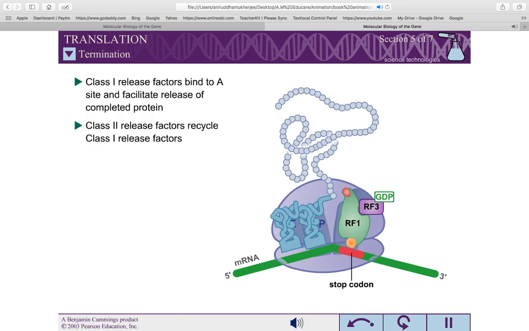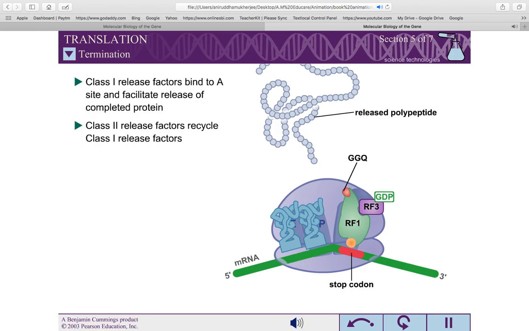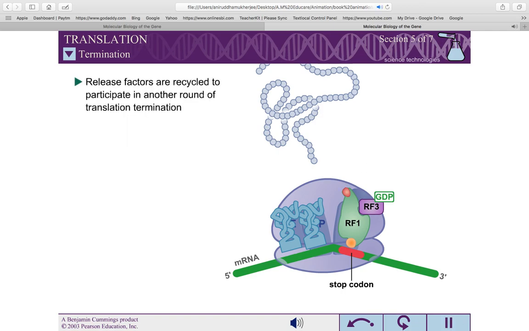After the class 1 and class 2 release factors are both bound, a glycine-glycine-glutamine, or GGQ, motif on the class 1 release factor triggers hydrolysis of the protein from the tRNA in the P site. Release of the protein from the ribosome triggers the recycling of the release factors. First, GDP is exchanged for GTP on the class 2 release factor.